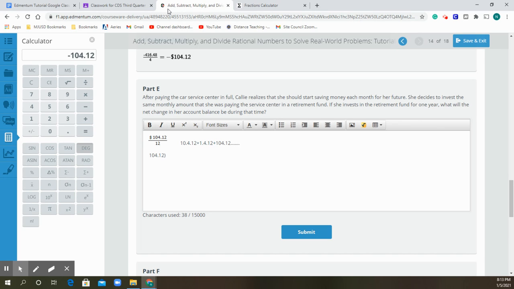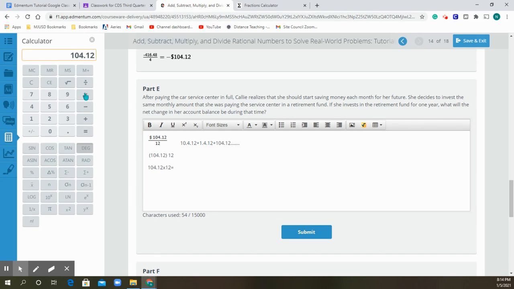Also, another way you could do it is parentheses, and then outside of the parentheses put the 12. That also means multiplication. Same thing. They mean the same thing. So over here we can do the math.